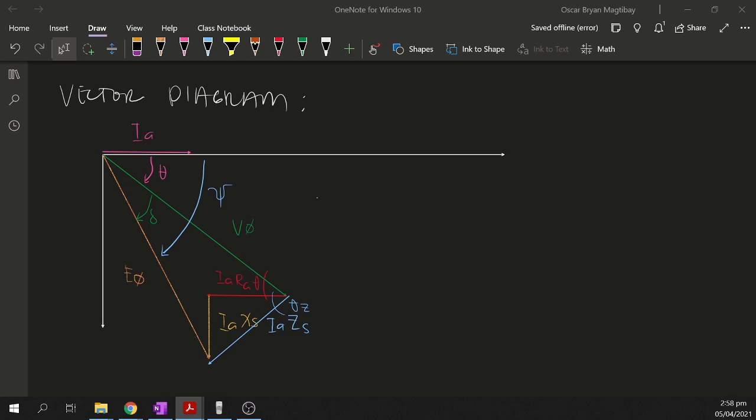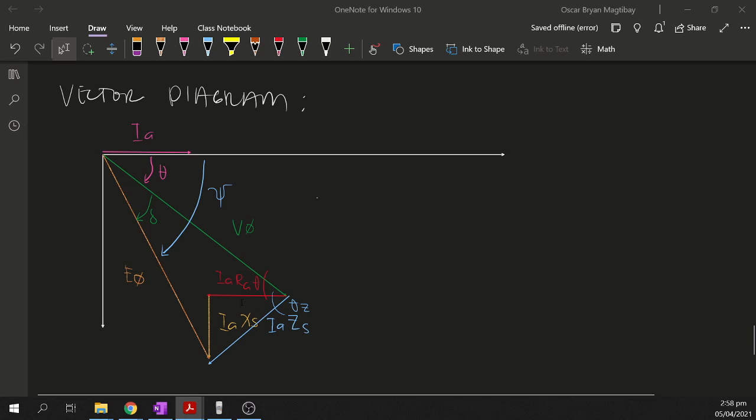Okay, sa tingin ko, ang gagamitin muna nating equation is to get IAZS. Isa yan dapat sa pwede nating makuhang parameters. By that time, pwede din natin makuha si IA.